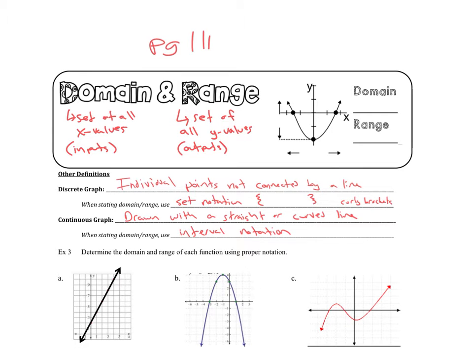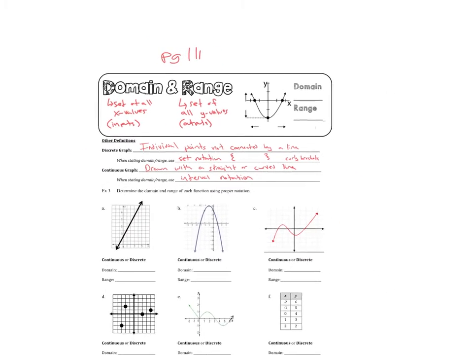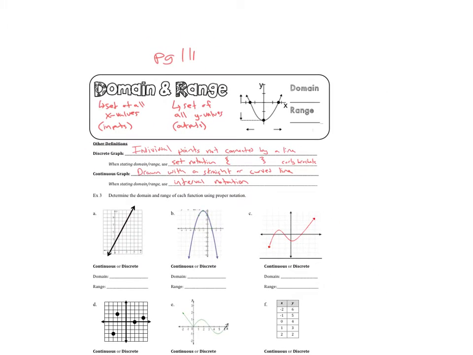A discrete graph is when it's graphed with individual points and they're not connected by a line. An example you can see below is problem D. Those are separate points, they're not connected by a line. When we state the domain and range, we use set notation, which are these curly brackets. When we get down to those problems, you'll see what that looks like.